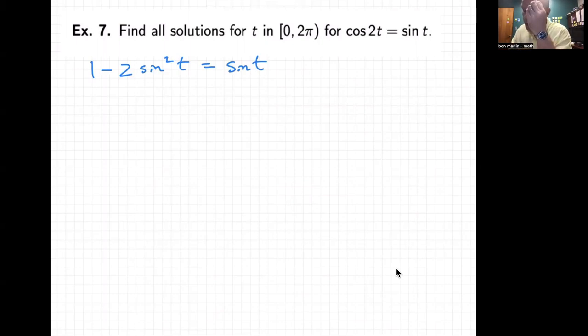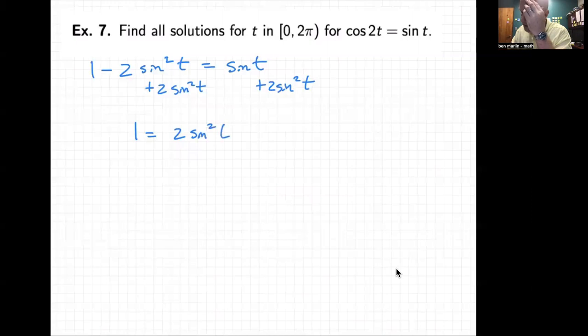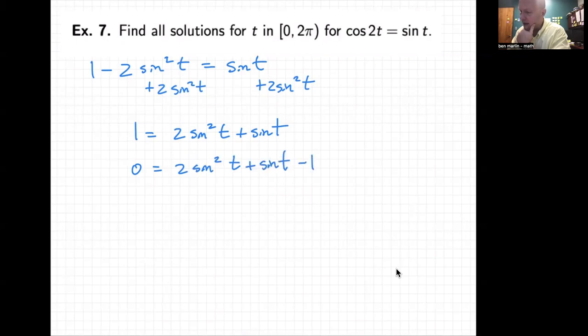So I'm going to add 2 sine squared to both sides and have 1 equals 2 sine squared t plus sine t. And now I'm going to subtract 1 from both sides. And I will have 0 equals 2 sine squared t plus sine t minus 1. But I like to have my equals on the other side, so I'm just going to go ahead and move it over.